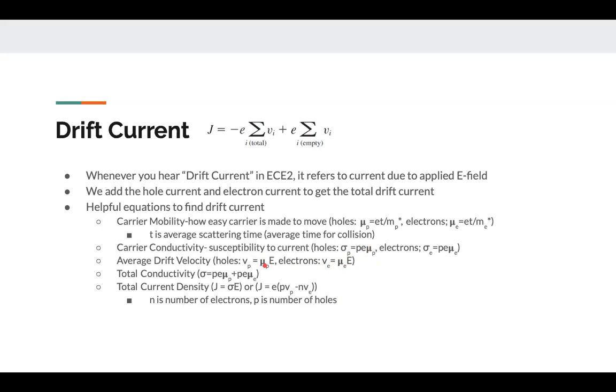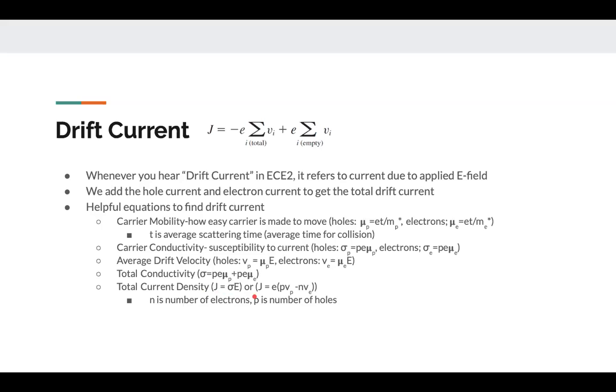And then the average drift velocity is the average speed at which the electrons or holes move, and that's equal to the electric field times the carrier mobility. Then the total conductivity is the sum of the hole conductivity plus the electron conductivity. The current density is the total conductivity times the electric field.